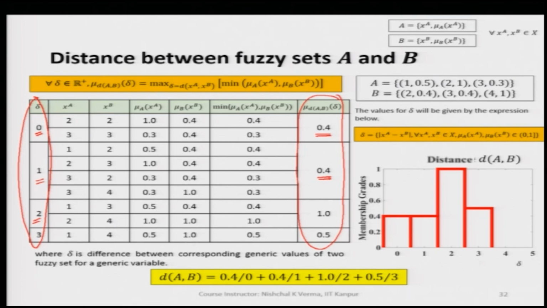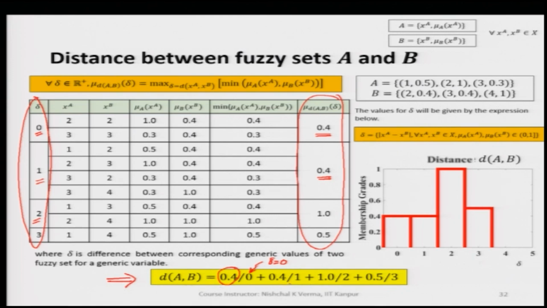and the last column gives us the corresponding membership values. So, we can make use of these two entries and construct a fuzzy set, d of AB is equal to 0.4 oblique 0, which means at generic variable value 0, that is delta is equal to 0, we are getting 0.4 as its corresponding membership value.